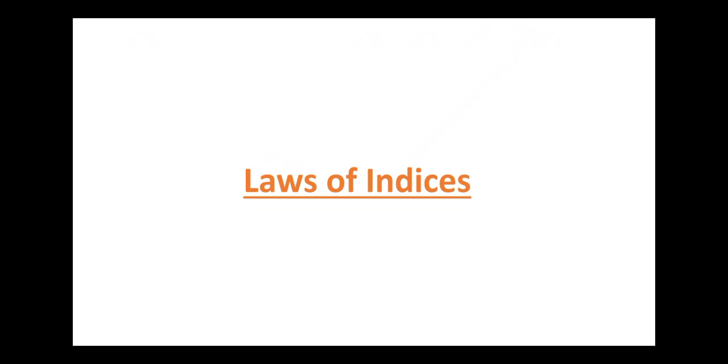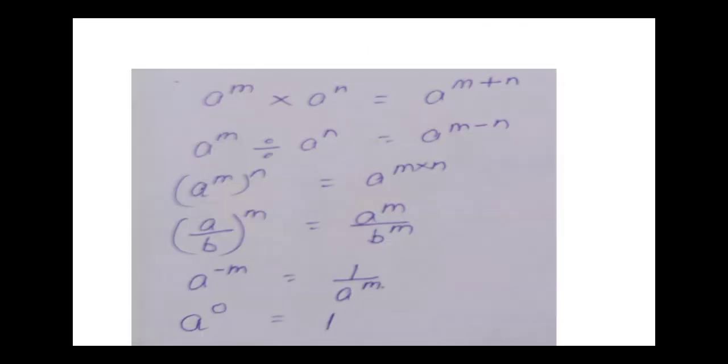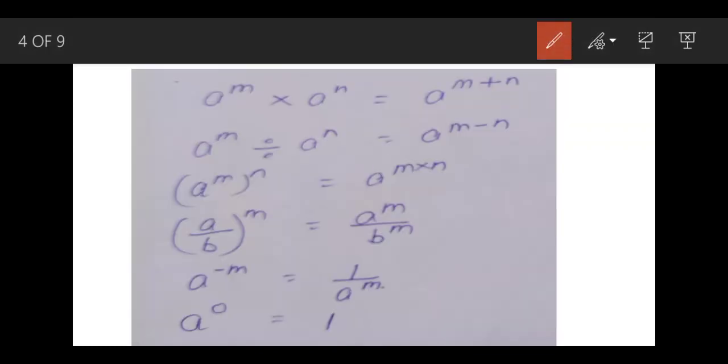So, we will study laws of indices. The first one is a to the power m multiplied by a to the power n. See, here the base is the same. In both the cases, base is same, that is a. Case of multiplication, so powers will be added, equal to a to the power m plus n.